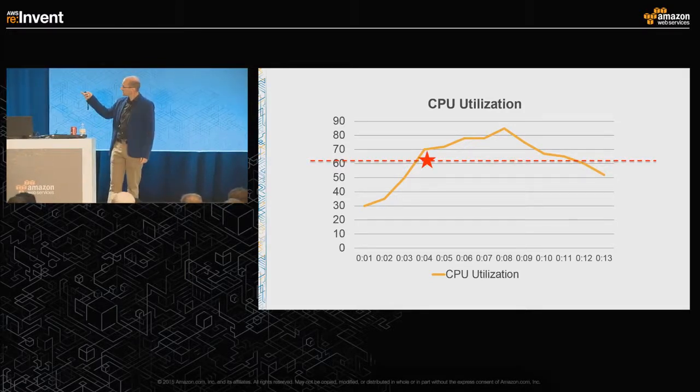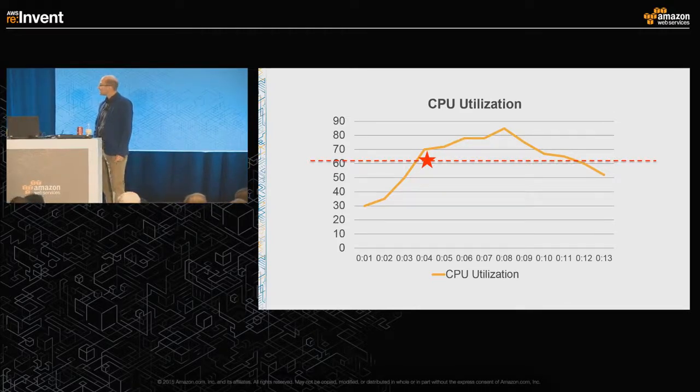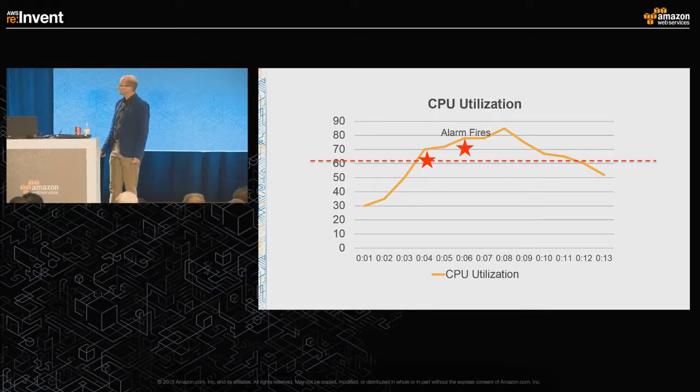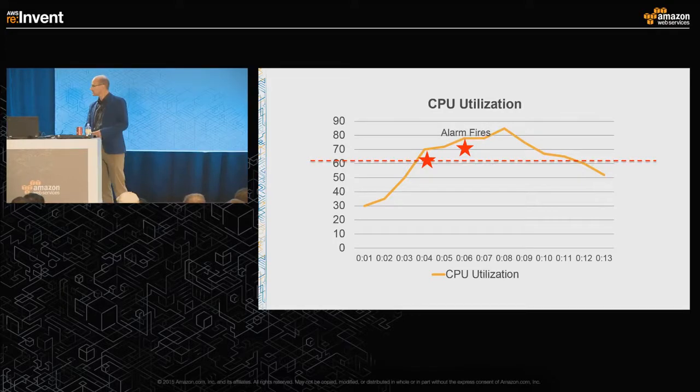And at this point, it will notice, OK, it doesn't fit. So it will actually trigger the alarm state. But I've set my alarm to not fire right away, but to fire 2 minutes later. Because I want to make sure that I don't see just a little spike for 5 seconds and launch a new instance, right? Because by the time the instance is launched, everything might be over again. And this time is the evaluation period.